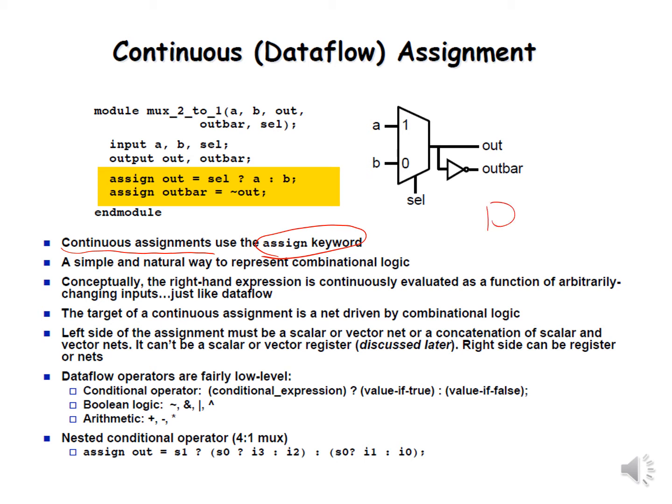If you want to describe A and B to out, then you can write assign out equal to A and B. So you can use the assign statement to represent the combinational logic.